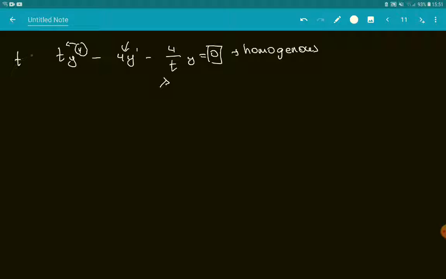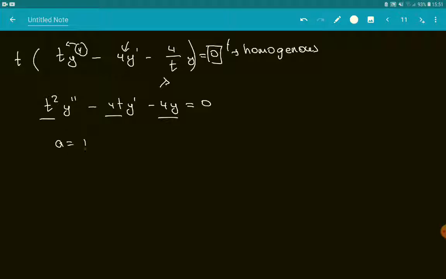So if I multiply the whole thing by t, both sides, it will become t squared y double prime negative 4t y prime negative 4y, which is equal to 0 again, because 0 multiplied by anything is 0. Now we can see that it is a Cauchy Euler equation.